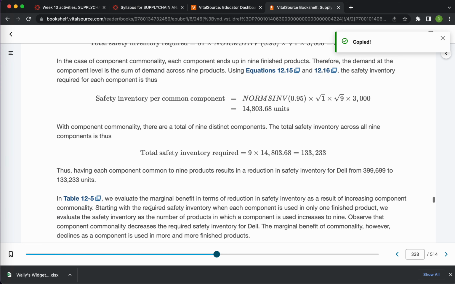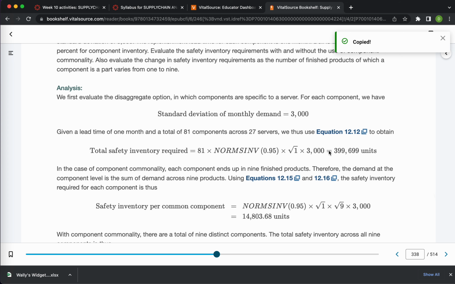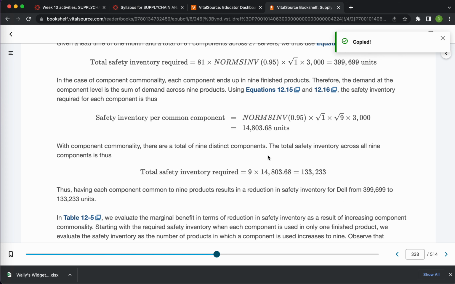So with component commonality, there are 9 distinct components that you have. And so the safety inventory across all the 9 components will thus be 9 times 14,803, which will end up being 133,233, which is basically a third of this. That's because you have 81 here, and you'll end up with 9 times square root of 9 rather than 9 times 9.